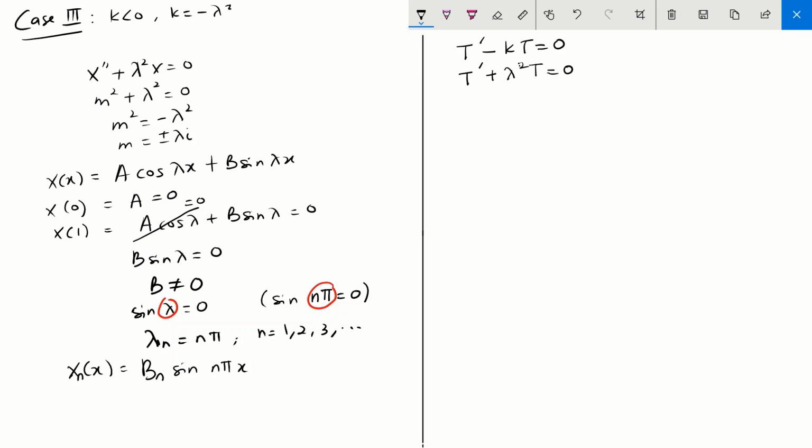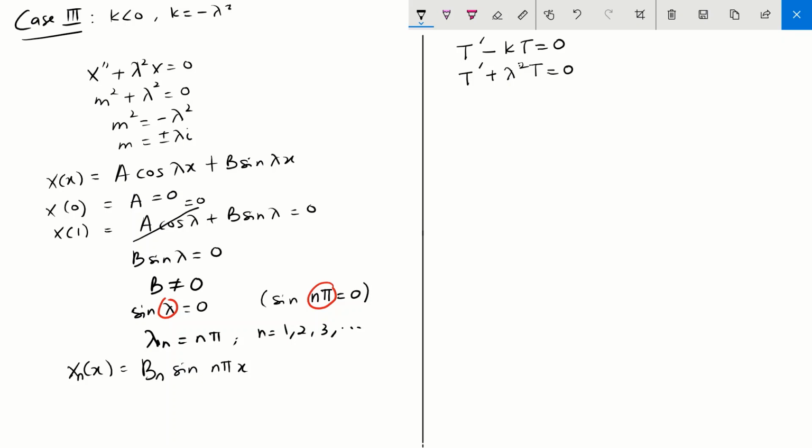How are we going to solve this? This is actually a linear equation. If you look at the linear equation in chapter 1, when we solve first order ODE, we find how to get the general solution of the T variable for this type of equation.